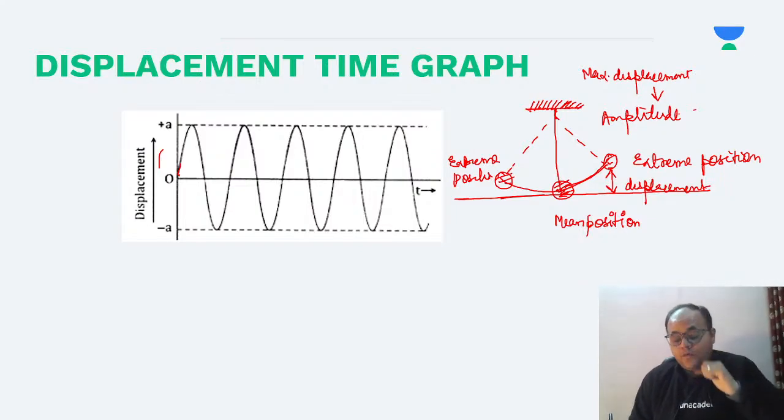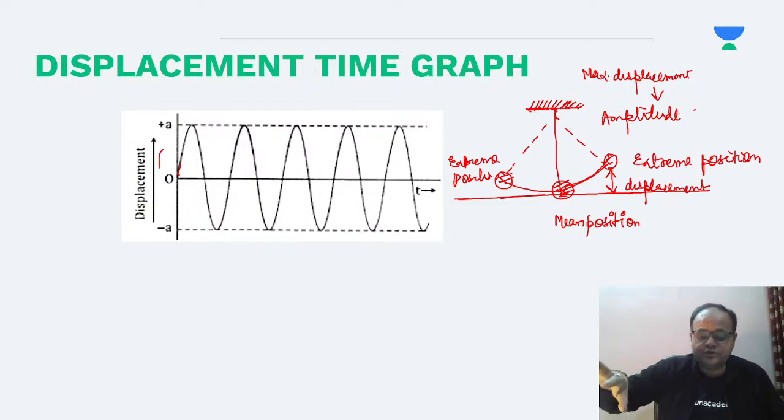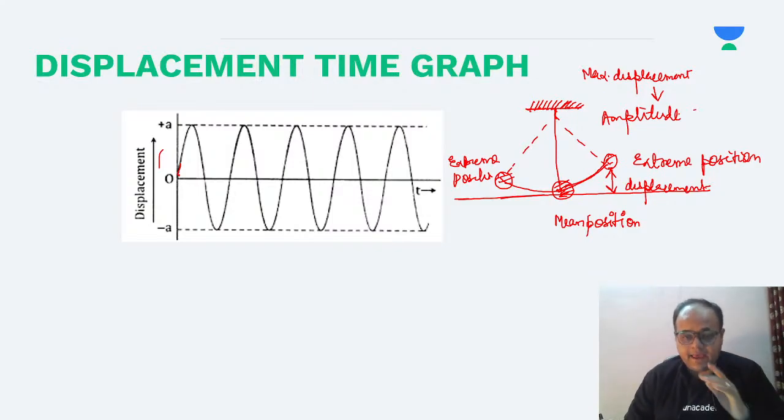So now what we have to do is replicate this motion graphically. That particular graph is popularly known as the displacement time graph. For any body undergoing natural vibration, as soon as we decode the motion and plot it graphically, we get a displacement time graph. So let's see how things are happening this way.